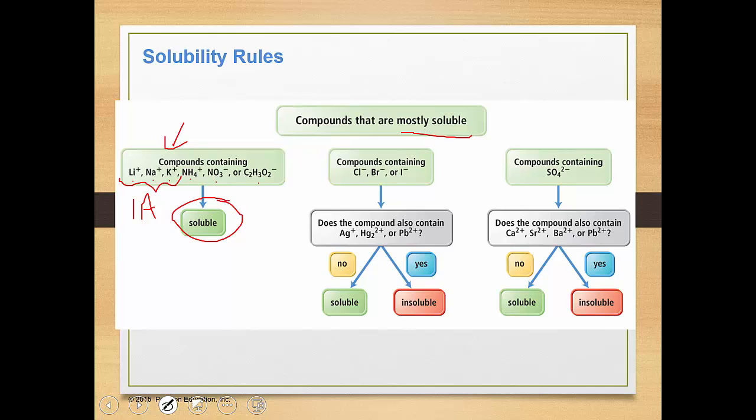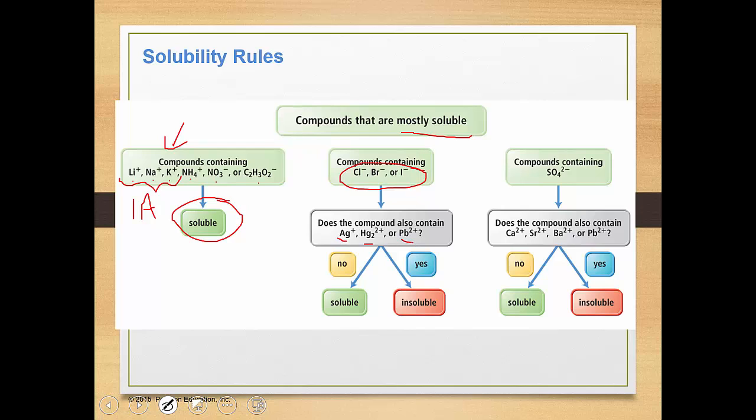Also, if we take a look at these three in the next block over here, if it contains chloride, bromide, or iodide, usually soluble, but with some exceptions. So if it contains chloride, bromide, or iodide, then you need to look at what the cation is. There are three things you have to watch for. Is it silver, mercury, or lead?